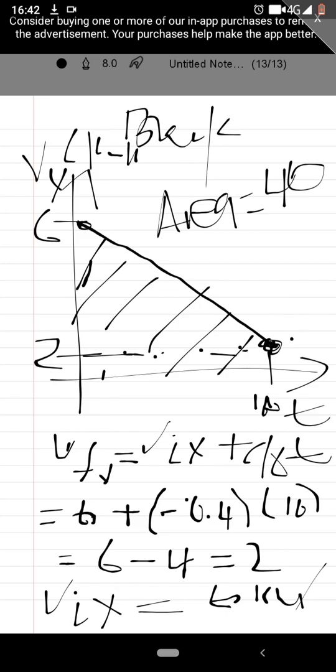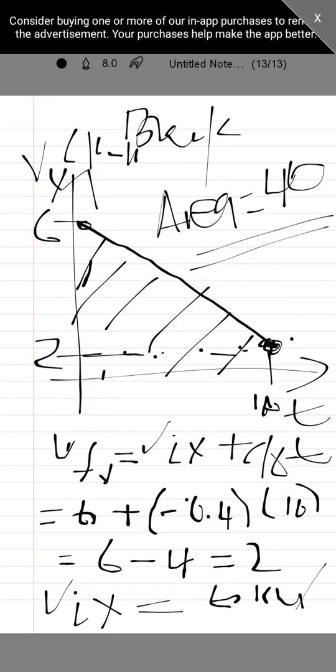This is the area, and you can also calculate the area using the kinematic equation, and you will get the same thing. So that could be an assignment for you to help grasp the concept.